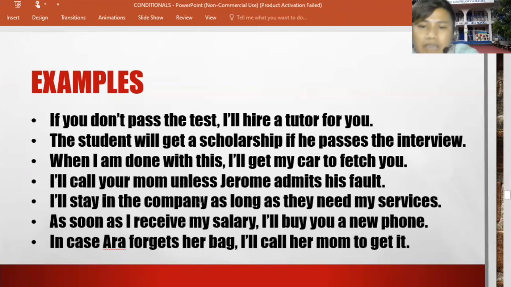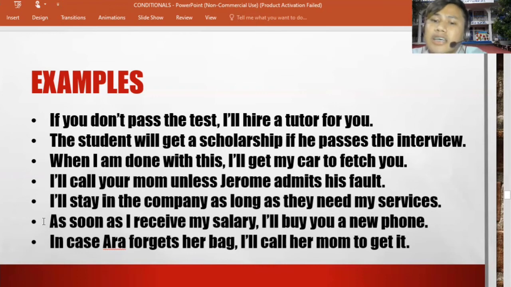Okay, so next is, as soon as I receive my salary, I'll buy you a new phone. So again, we're not using the if and when in our sentence, but it's very clear that our first clause in here reflects the condition in our sentence, and is followed by our main clause, which is the result.